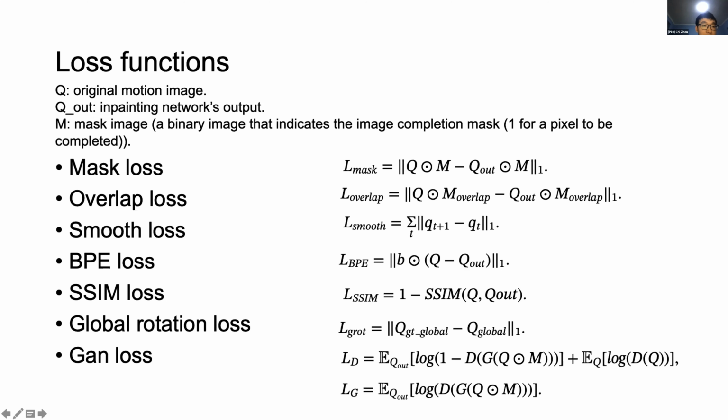And now we define Q as the original motion image and Q out as the inpainting network's output image. M is a mask image. It is a binary image that indicates the image completion mask.